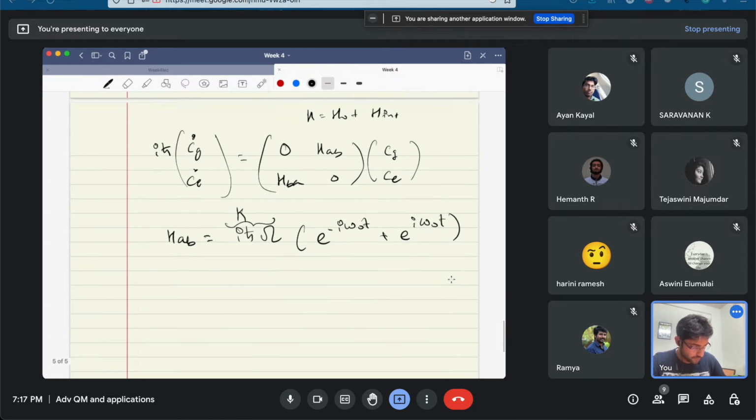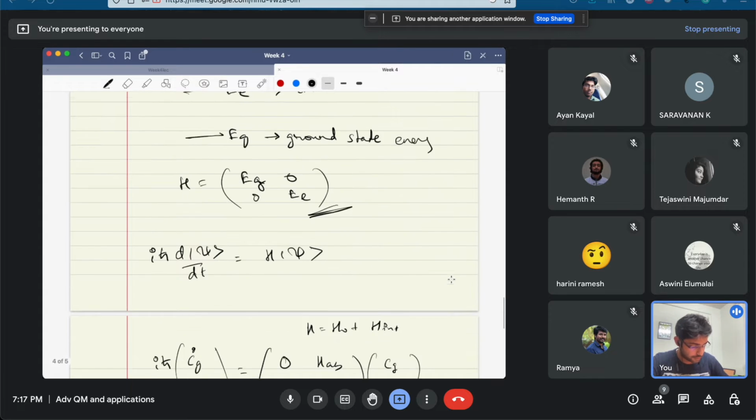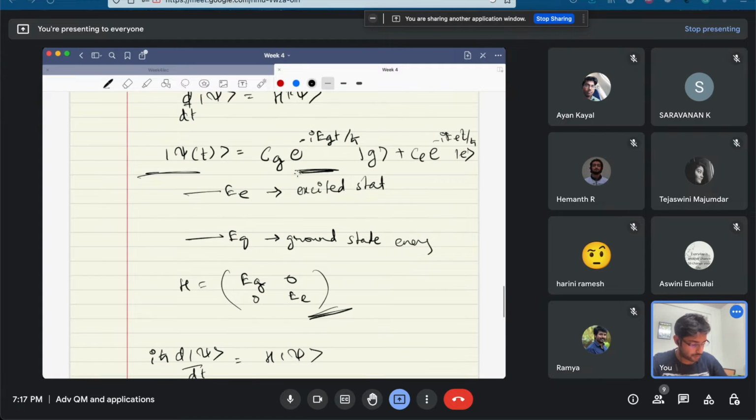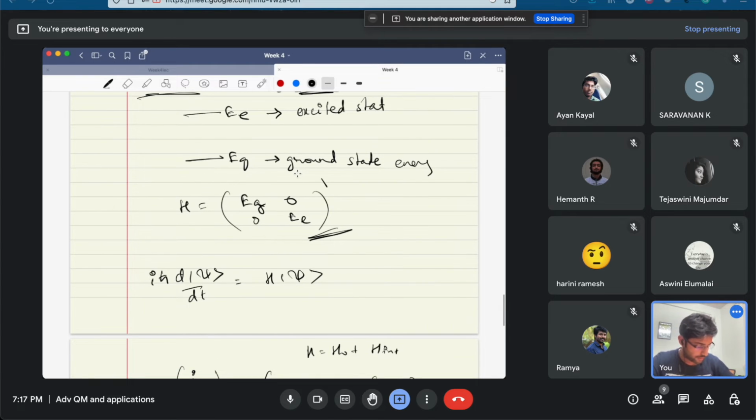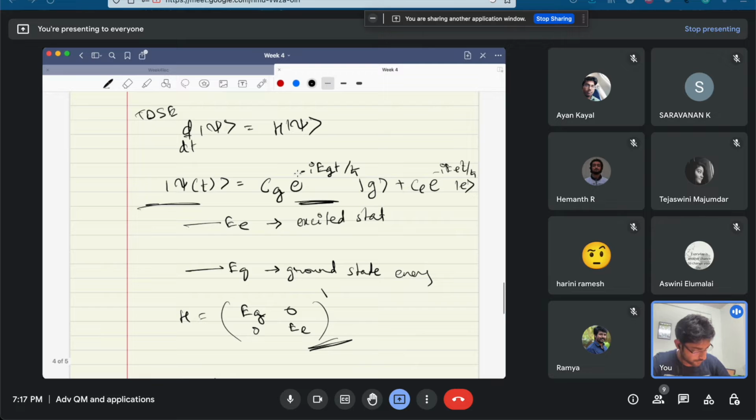Now when you put these terms with these expressions, sorry about this, it is malfunctioning a bit. If you take the exponential out, you can write it in the form Ce, and this is nothing but your frequency between the two states, right?